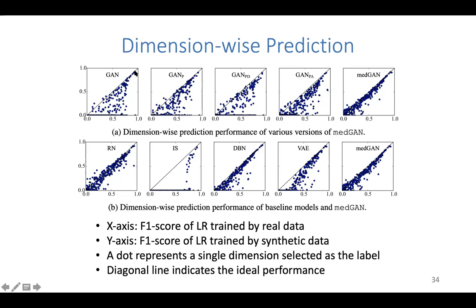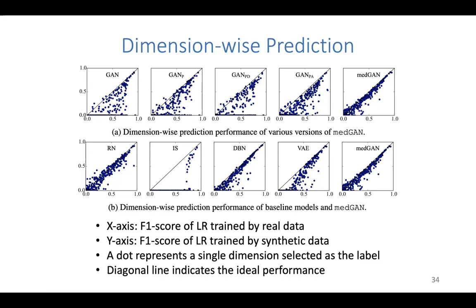For example, to evaluate this particular dot, we select this dimension K, and then we use all the other 614 dimensions as the input to the logistic regression. We train LR with fake samples, and we train another LR with real samples. And then we calculate the F1 score.